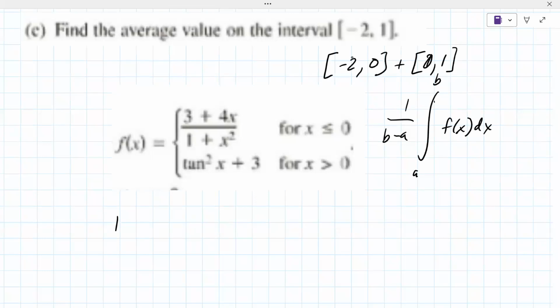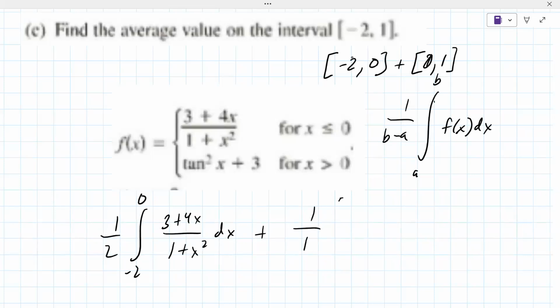So it's 1/2 the integral from -2 to 0 of (3 plus 4x) over (1 plus x squared) dx, plus 1 over 1 times the integral from 0 to 1 of tangent squared x plus 3 dx.